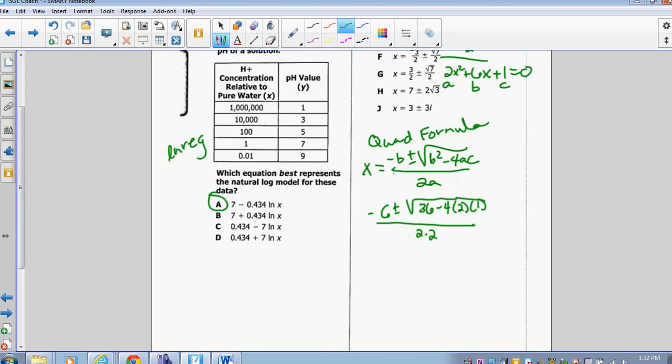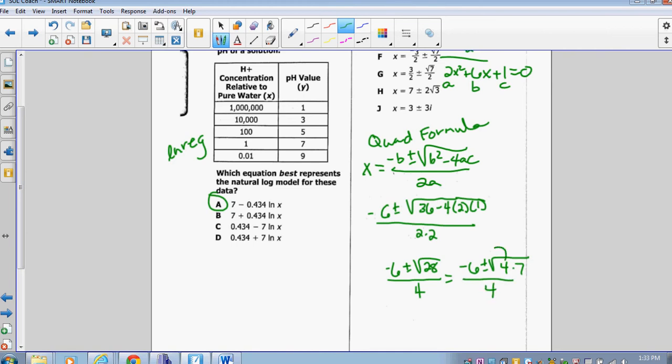Alright, we want to simplify what's underneath our square root. It looks like 36 minus 8, which is going to be 28. So negative 6 plus or minus the square root of 28 over 4. And next you want to take out the perfect square that's underneath the radical. I can make 28 equal the square root of 4 times 7.